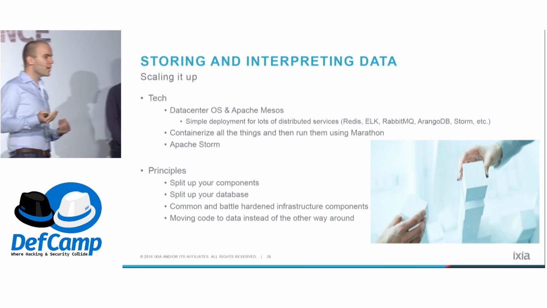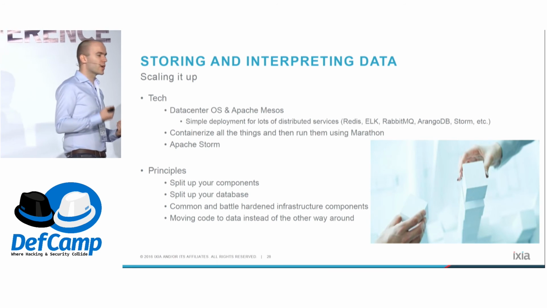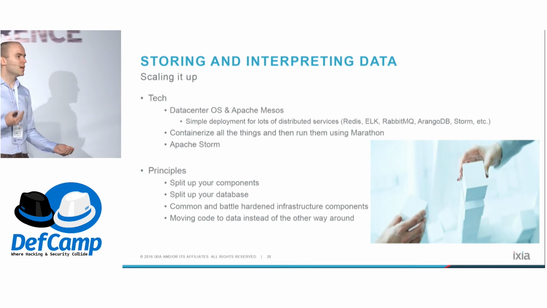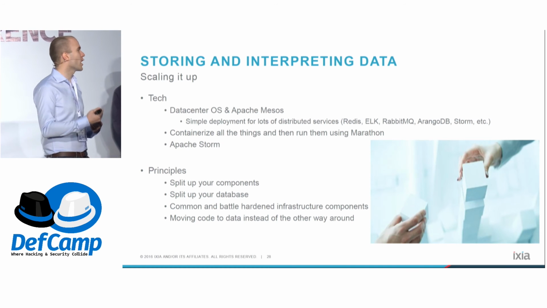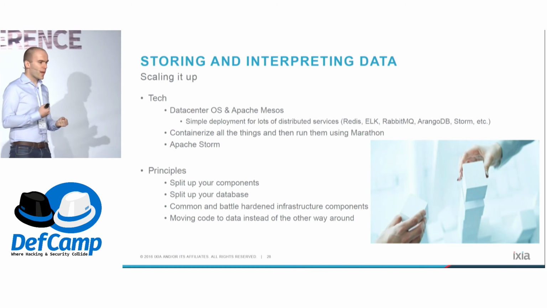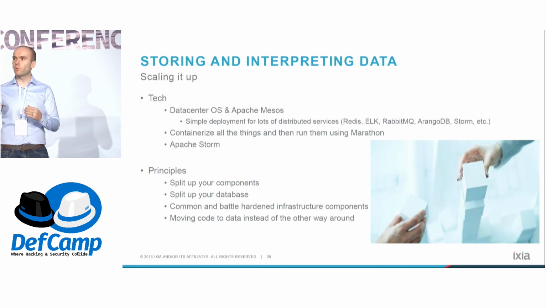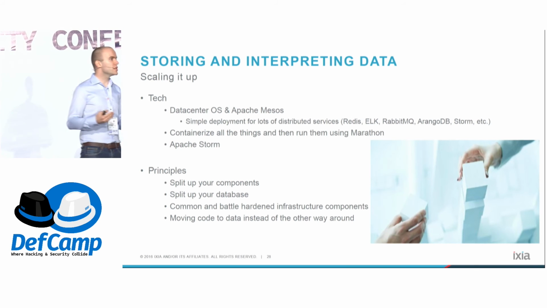In order to run on Mesos and Data Center OS, you also need to containerize your different components. And right now we have containers for the phishing engine, the static analysis part, and different other things that we have in our system. And also for the actual graph with the related nodes in it, we're planning on using Apache Storm.